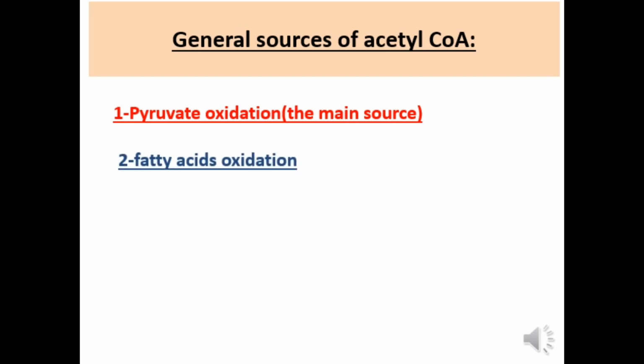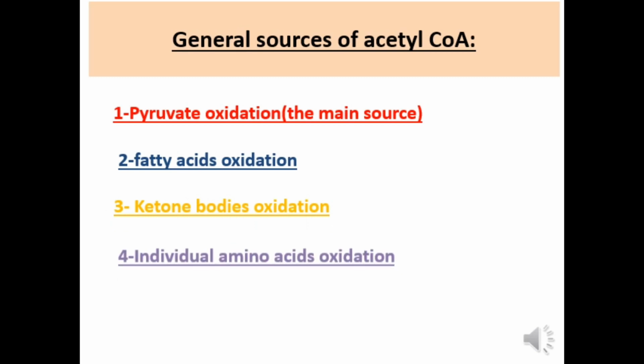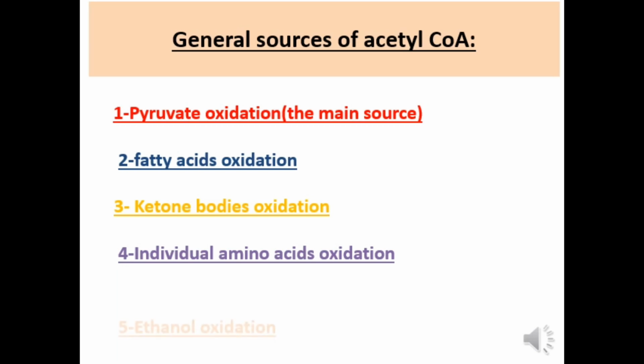Fatty acid oxidation: during the oxidation of fatty acid, there is the production of acetyl-CoA. Ketone bodies oxidation, individual amino acid oxidation, those known as ketogenic amino acid, and ethanol oxidation.